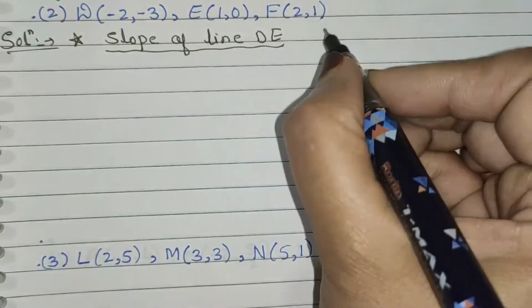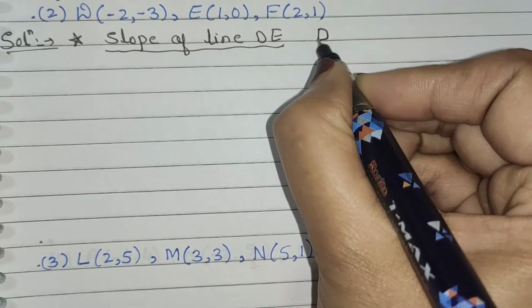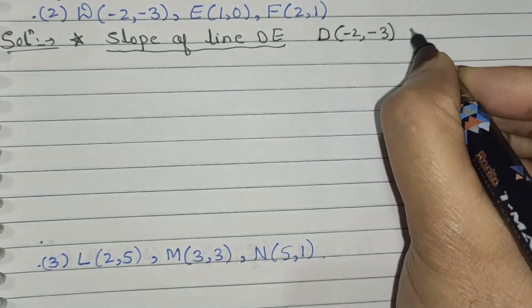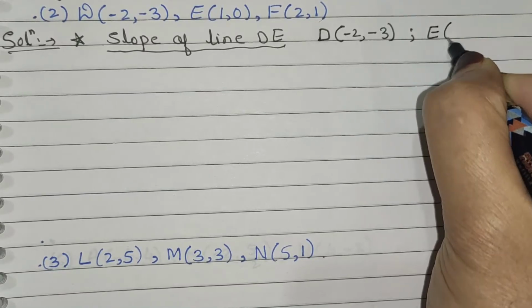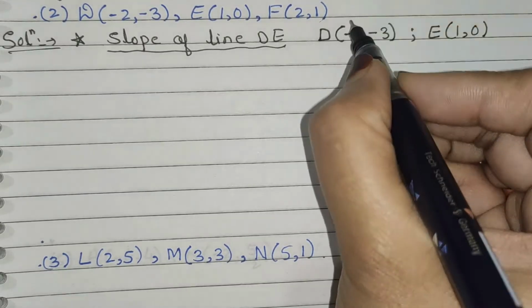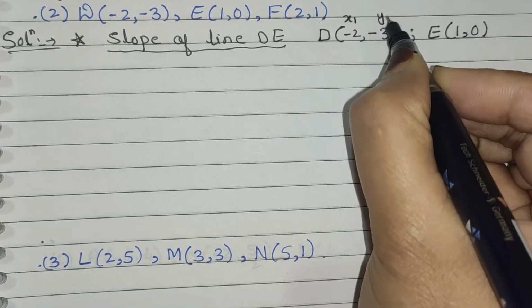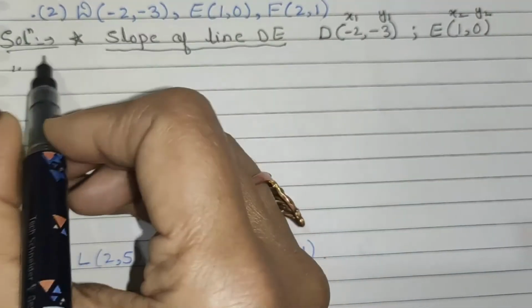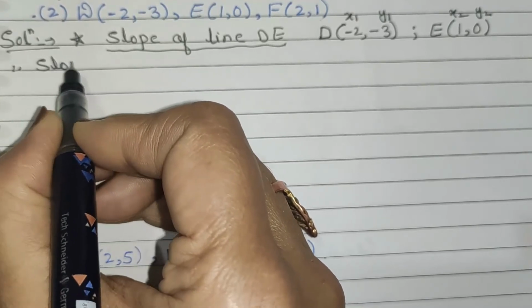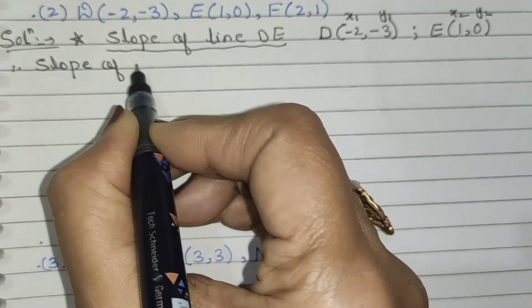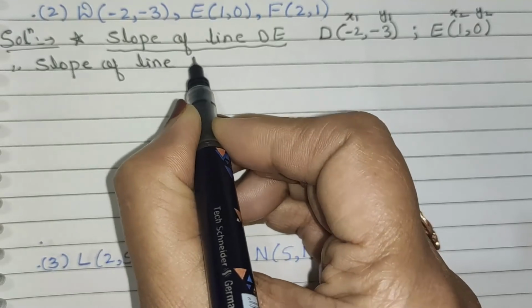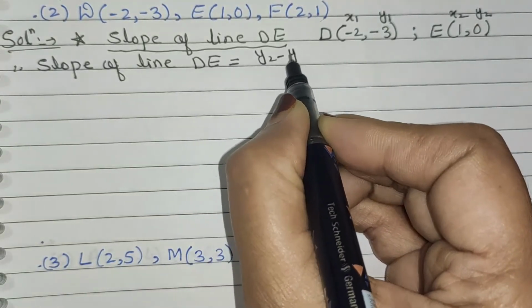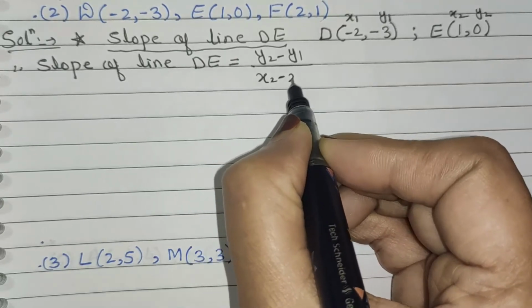Now for slope of line DE, write down the coordinates of D -2, -3 and E 1, 0. Let us consider the coordinates are x1, y1 and here x2, y2. Therefore, slope of line DE is equal to y2 minus y1 upon x2 minus x1.